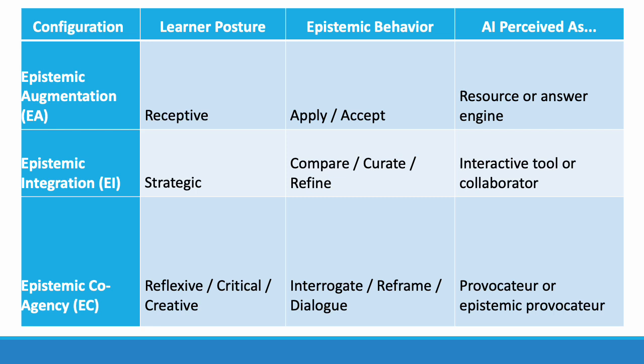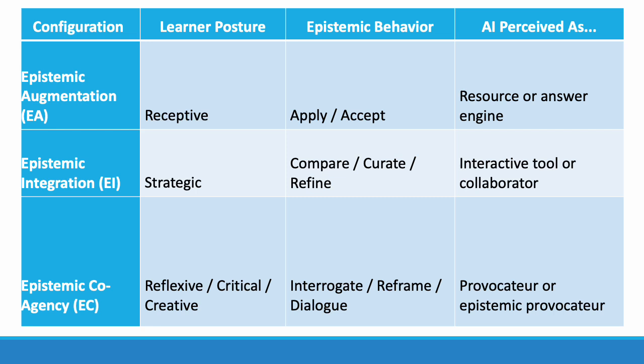Just a table to kind of bring it all together. If we're talking of augmentation, the learner is primarily receptive, right? So you're going to accept pretty much whatever the tool gives you. And the AI is perceived as an answer engine, right? Now, when you go into epistemic integration, you're looking at a more strategic relationship, so you could refine what it gives you.